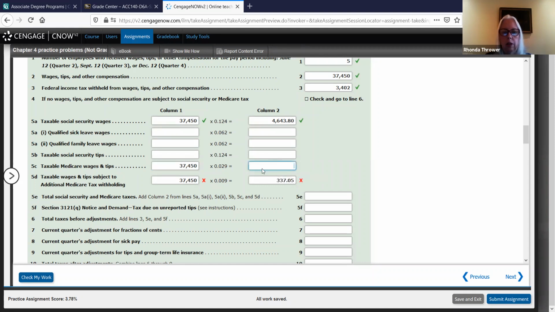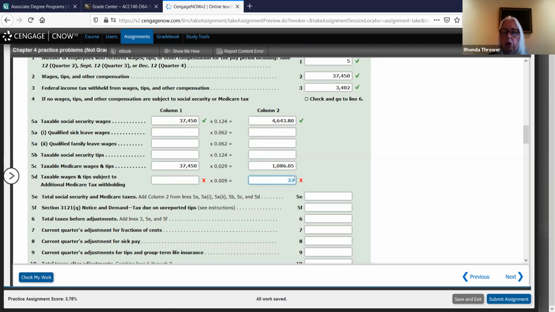I should have known that because this 0.009 is not twice the HI rate. The HI rate is 0.0145, and twice that is 0.029. So 37,450 times 0.029 is $1,086.05. I'm going to take this back out because it doesn't belong in this space.